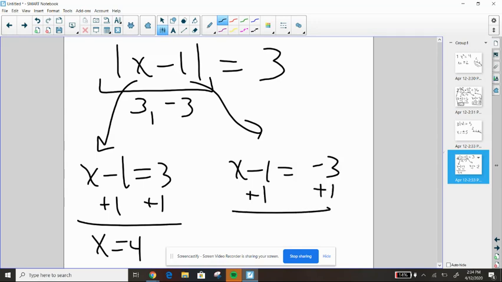And I get my two answers of positive 4 and negative 2, and I like to check them. Is 4 minus 1 3, and is the absolute value 3? It is. And what if I plug a negative 2 in here? I get negative 2 minus 1 is negative 3, and the absolute value is 3. I feel pretty good that I got my answers right. Go ahead and try that one.